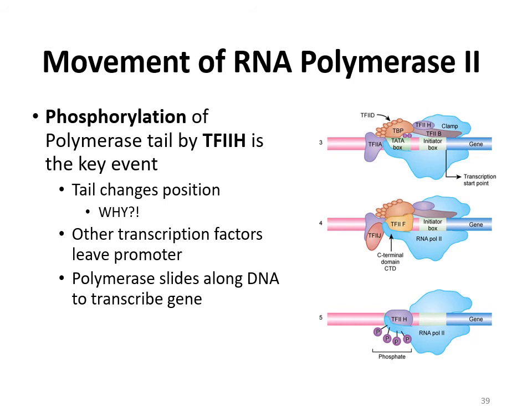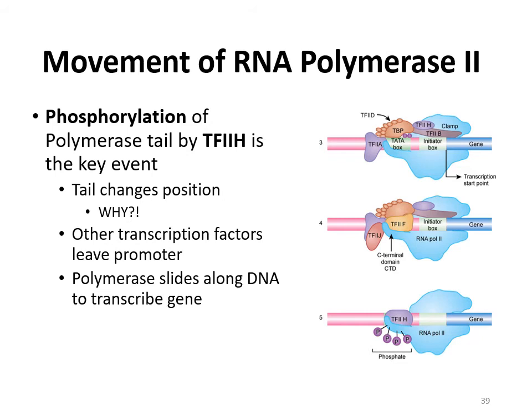So the phosphorylation by transcription factor IIH is very important for the movement of RNA polymerase, which is very important for elongation, for actually making that RNA from the DNA. You don't have to memorize all of the other transcription factors I had on the previous slide.